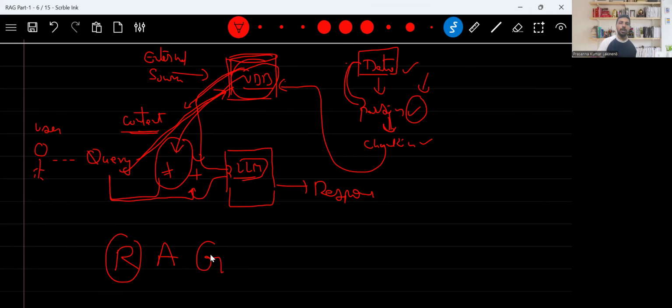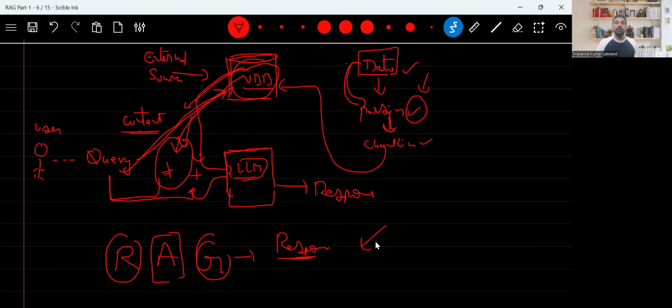This process is called augmentation. Now both your context information and your query will be sent to the LLM. Now the LLM will generate the response as per the query and the external resources.